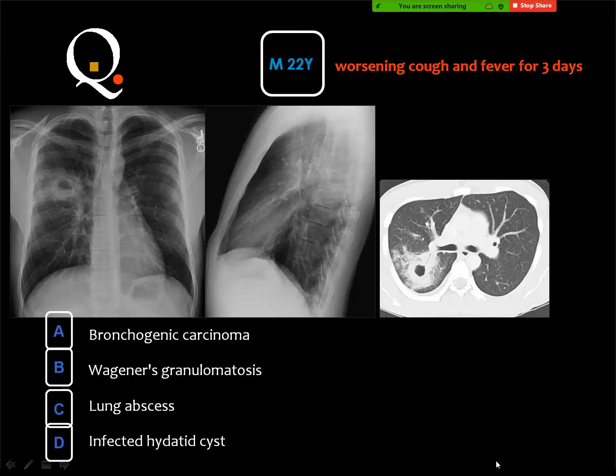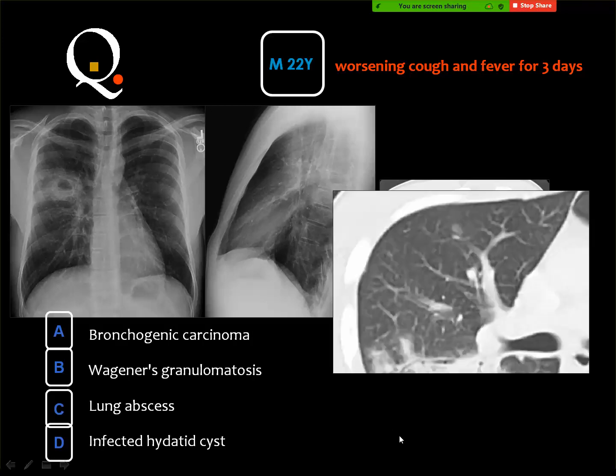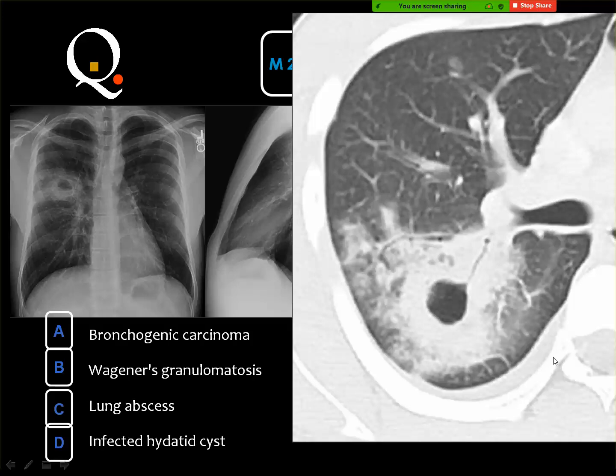Okay. Then the next case is a male patient, 22 years old, with cough and fever. Lung abscess. Yes, and this is true. This is a lung abscess, and you got a smooth inner margin.